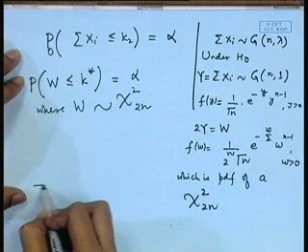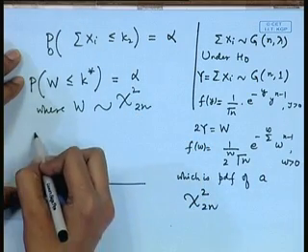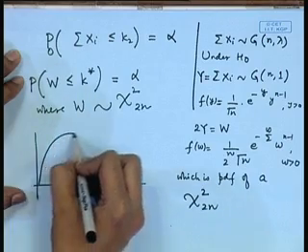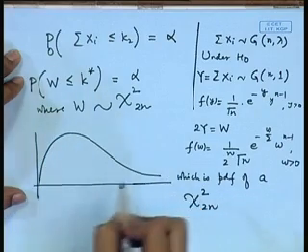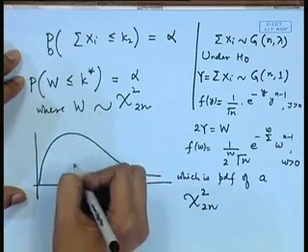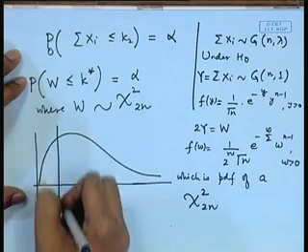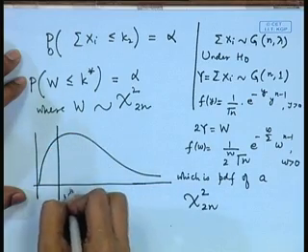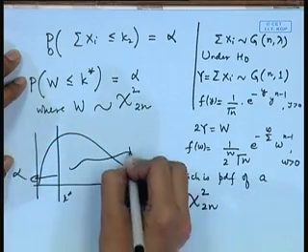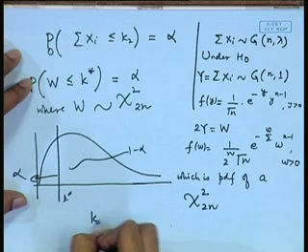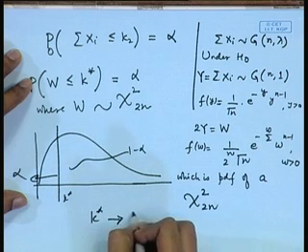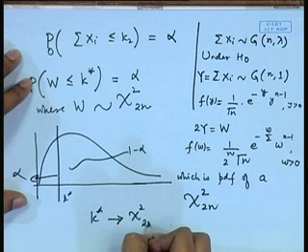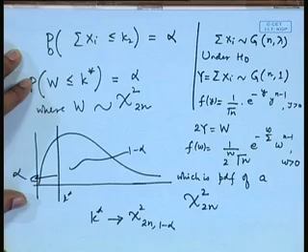So, this point that you are having here is such that this probability is equal to alpha and this probability is 1 minus alpha. So, k star naturally turns out to be chi square 2n, 1 minus alpha.